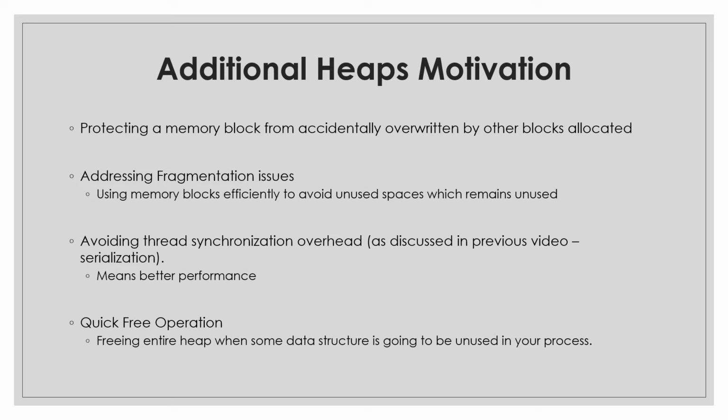So the free operation is a bit slow. But in case of additional heaps, or a dedicated heap for a particular data structure, you can do it faster and you can destroy the entire heap as soon as the entire data structure is of no use in your program.